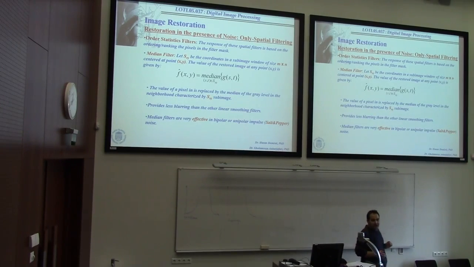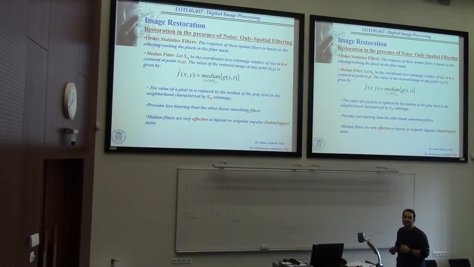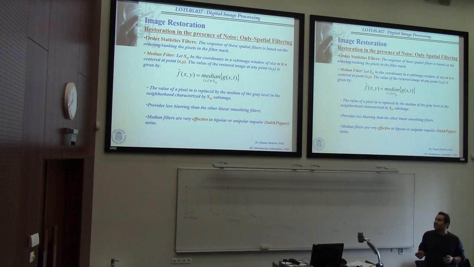Another category of filters that we can use for noise reduction in the image is order statistics filters, similar to the previous mean filter category. It consists of 3 types of filter.